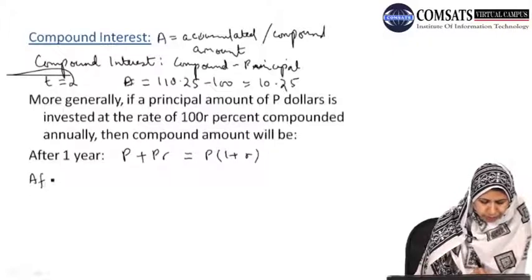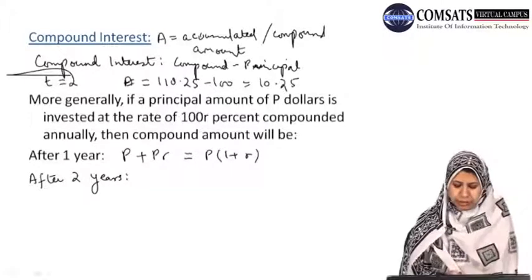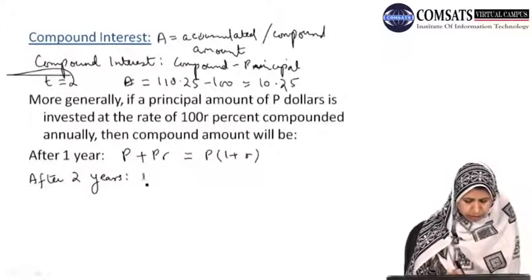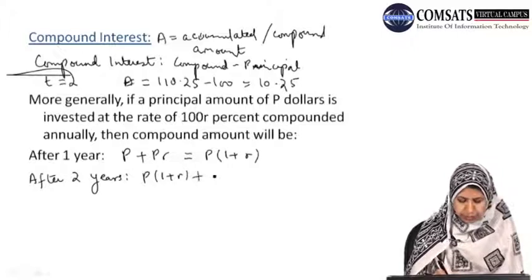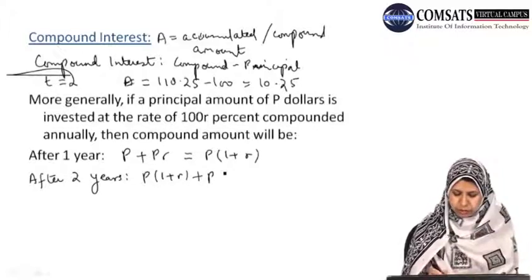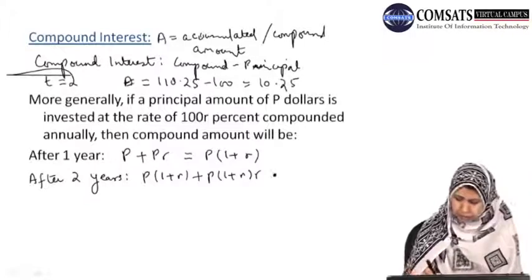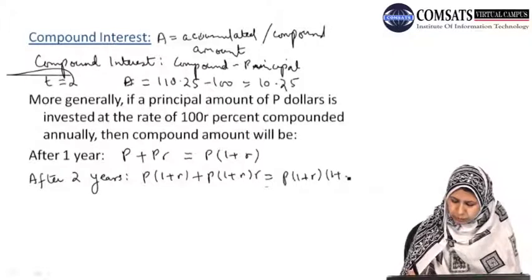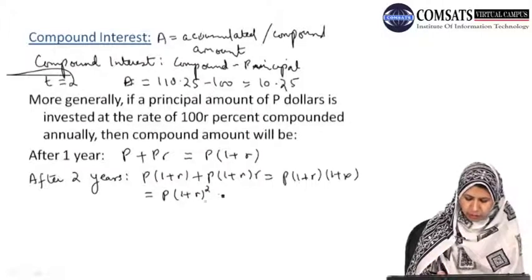After 2 years, we will obtain the interest on this new amount, which is P into 1 plus R. So after 2 years we obtain P into 1 plus R plus the interest on this amount, which is P into 1 plus R into R. And solving this, we obtain P into 1 plus R into 1 plus R, which is nothing but P into 1 plus R whole square.